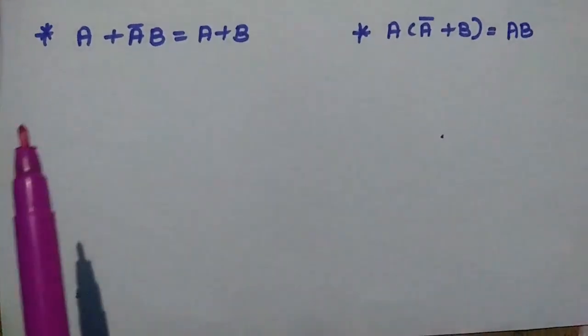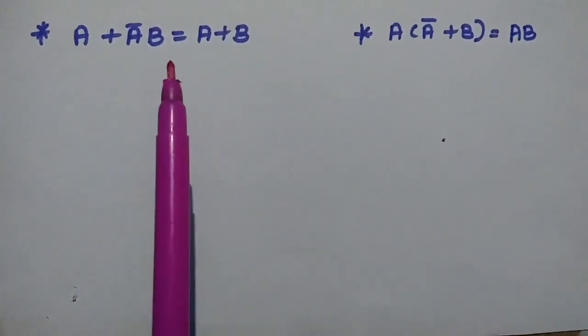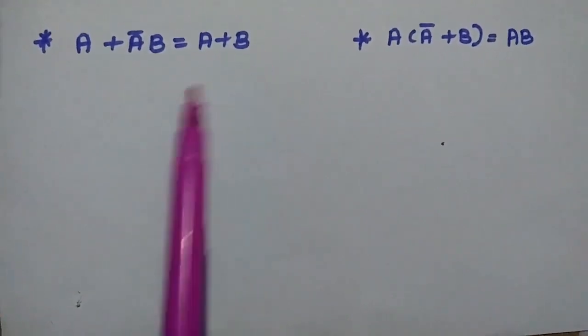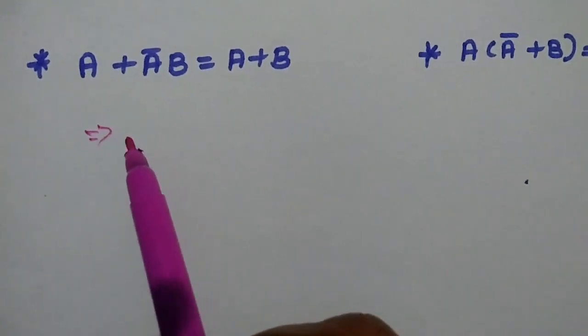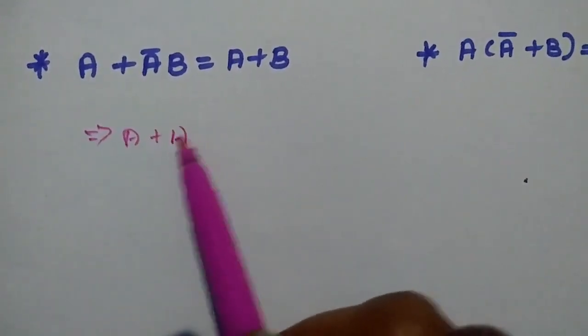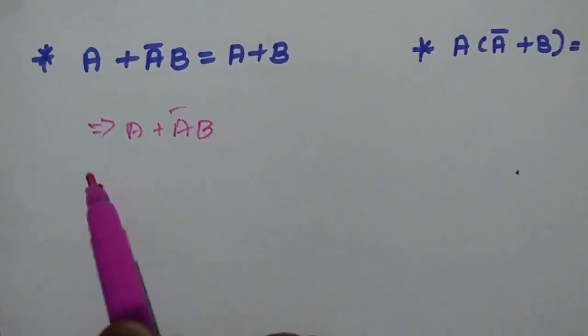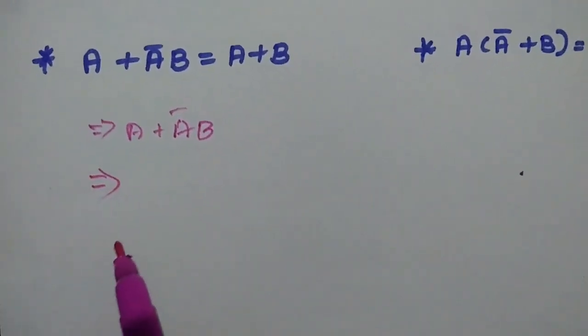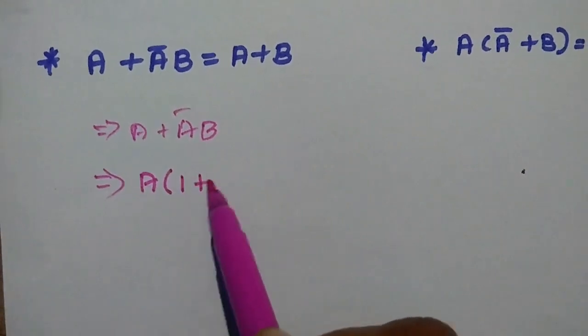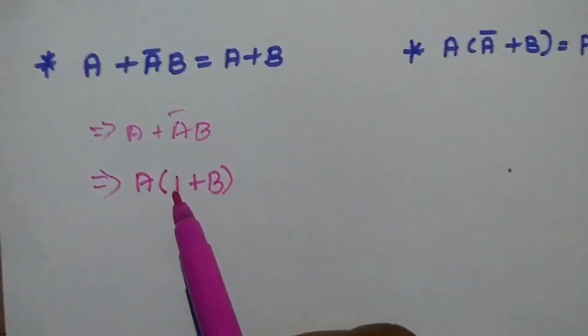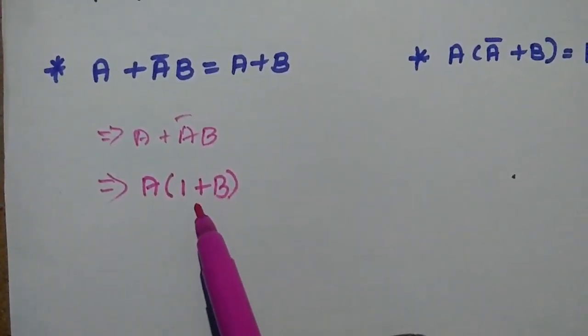The next expression is a plus a bar b is equal to a plus b. Here we have to take the left hand side for proof, a plus a bar b. For further simplification, we have to multiply this a with 1 plus b. 1 plus any value is equal to 1 always.